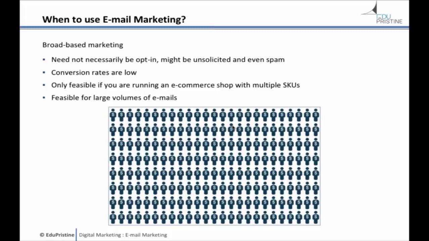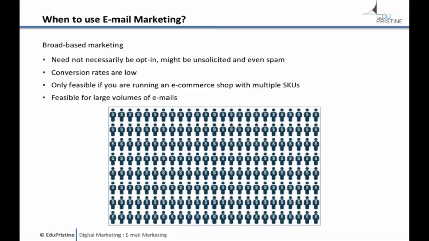And then it's only feasible if you're running an e-commerce shop with multiple SKUs. It makes sense to do broad-based marketing only when you have a lot of products, where different people might be interested in different things. So it makes sense to do the email blast once you have multiple SKUs, not when you just have 10 or 15 products and then you send it to 10,000 or 20,000 people.